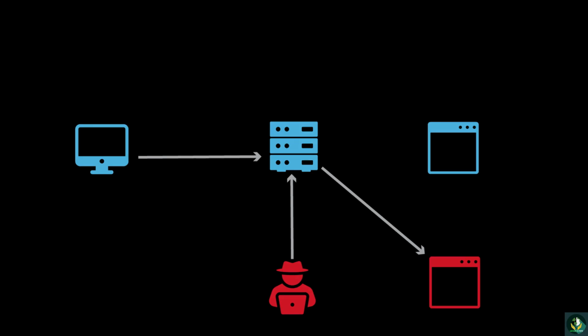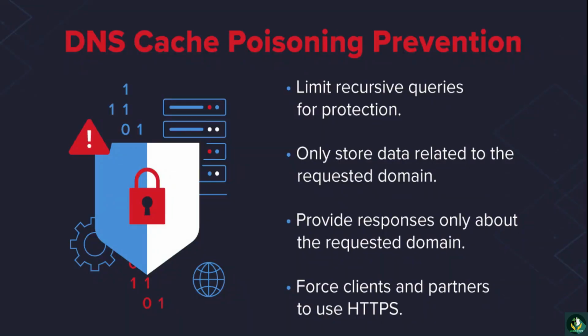So how do DNS cache poisoning attacks work? A DNS cache poisoning attack is an attempt to trick a caching DNS server into caching a forged response.